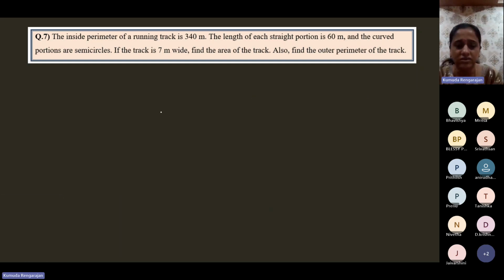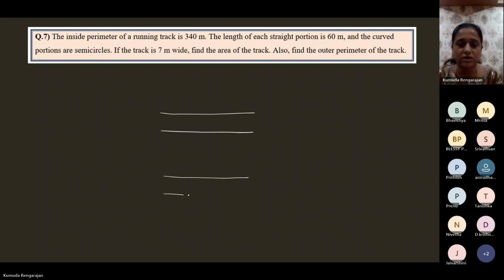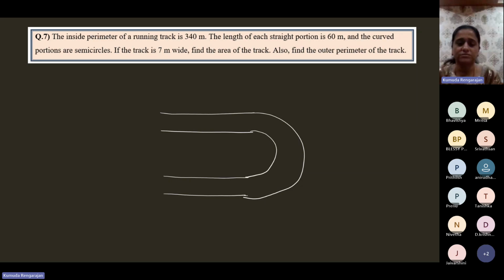So let's draw the track again. These are the 4 straight portions. Outer semicircle, inner semicircle, outer semicircle, inner semicircle.